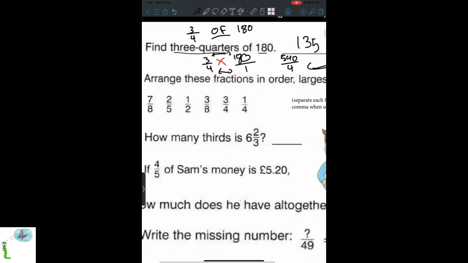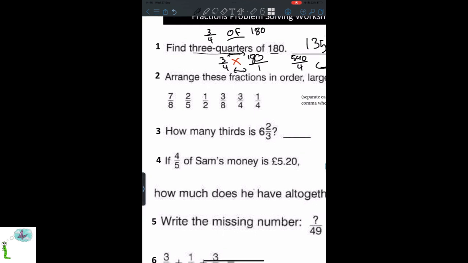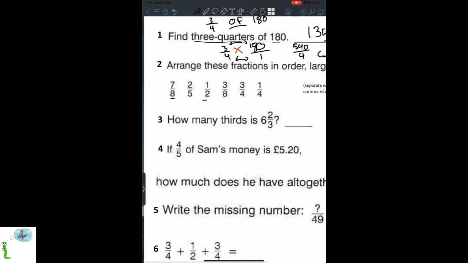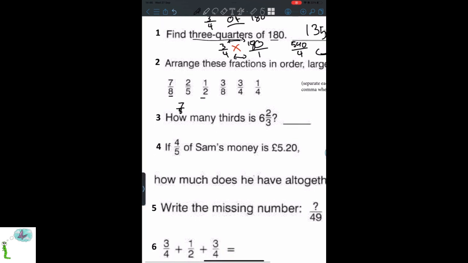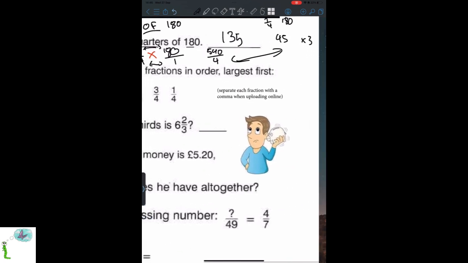But how you can just view it in a way that's a lot easier to understand is you make them all have the same denominator, right? So if we make half have the same denominator as this, so if we make half have 8 at the bottom, this is what we call equivalent fractions.